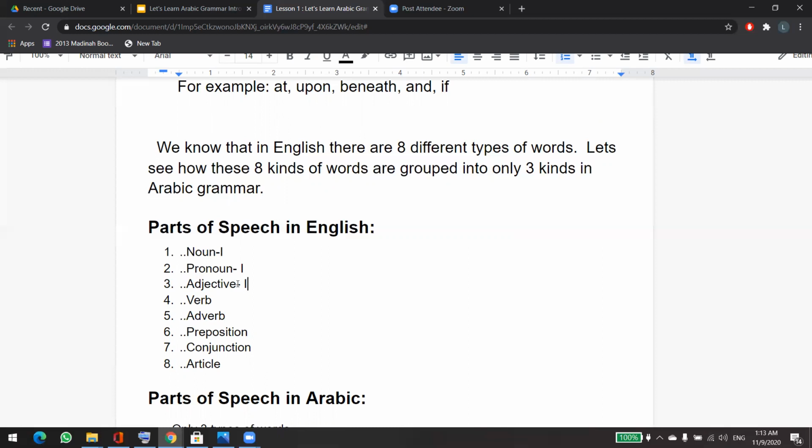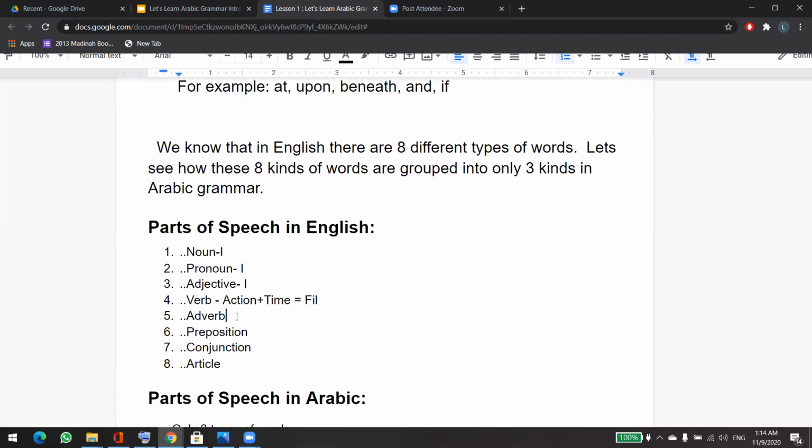And then verb, yes, for verb, especially if there is a mention of action plus time, then it's a fail. Otherwise, it's not a fail. Okay.